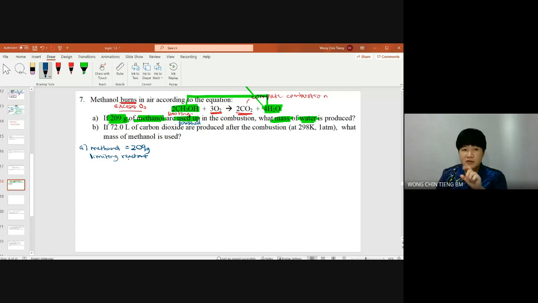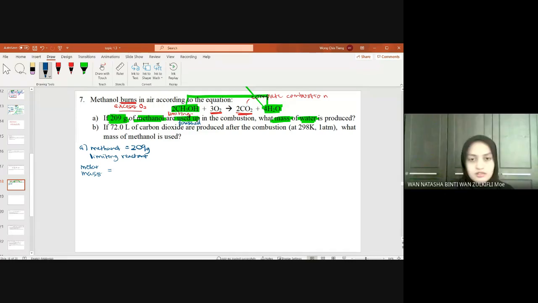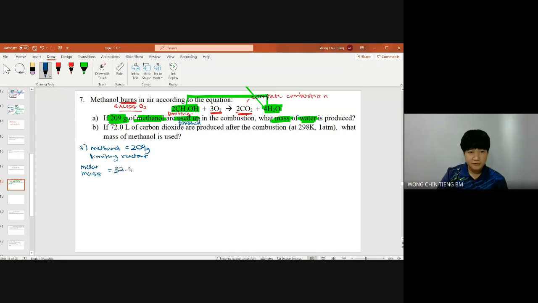You need to change the mass of methanol to number of mole by using molar mass. Molar mass of methanol, anybody? Natasha? Uh, 32 gram per mole. 32 gram per mole. Thank you.